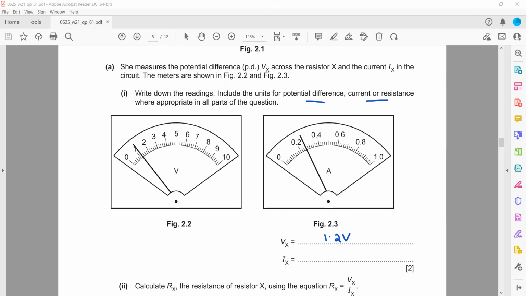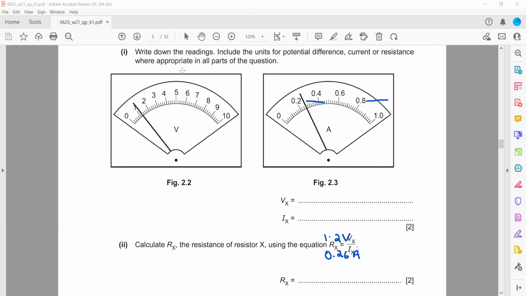There are 3 lines after 0.2, so this will be 0.22, 0.24, and 0.26, and the unit is ampere. So one of the values is 1.2, another value is 0.26.